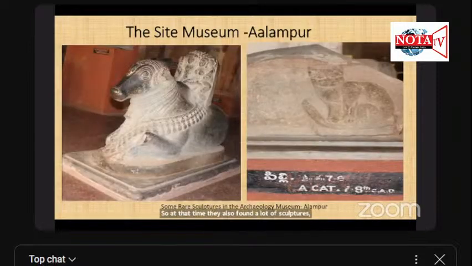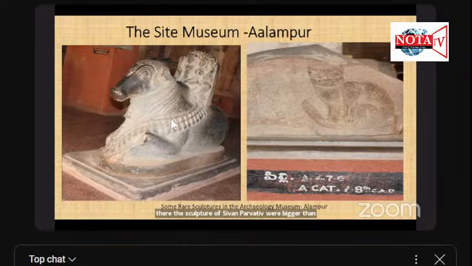So in this site museum, which you find at Alampur, we have different rare sculptures. Here we have a sculpture of Nandi. A similar sculpture we found at the Balabrahma temple also. But there, the sculpture of Shiva and Parvati was bigger than Nandi. Here, the Nandi is bigger than Shiva and Parvati.